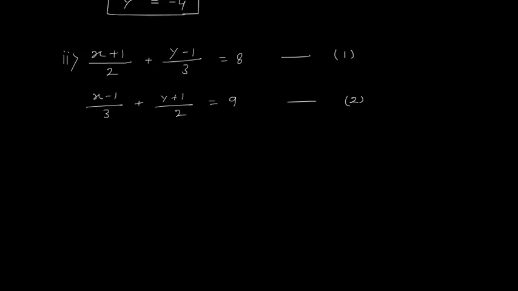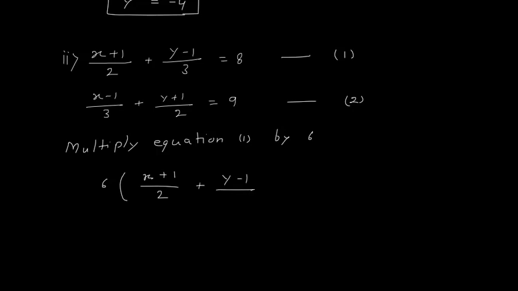So I will say that multiply equation 1 by 6. So when I multiply by 6, you can simply write like this: 6, take a big bracket, and in that big bracket say x plus 1 divided by 2 plus y minus 1 divided by 3 is equals to 8.